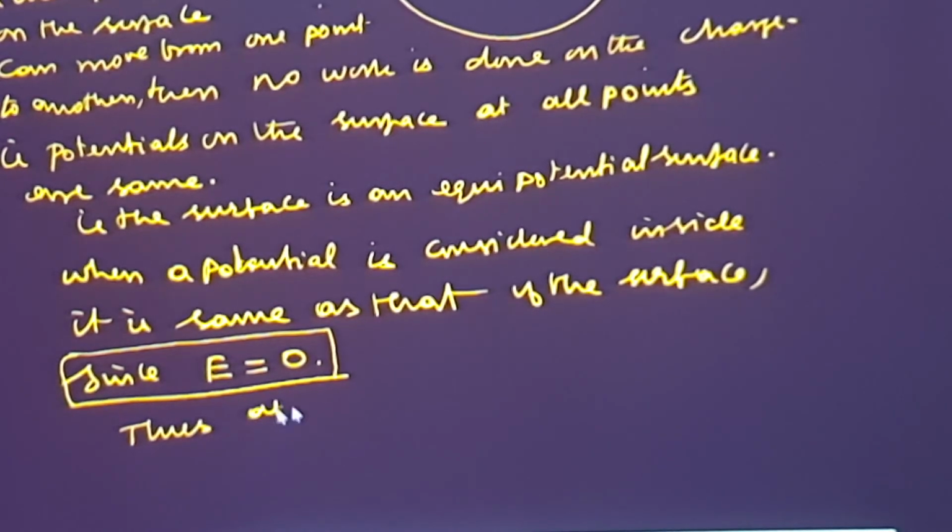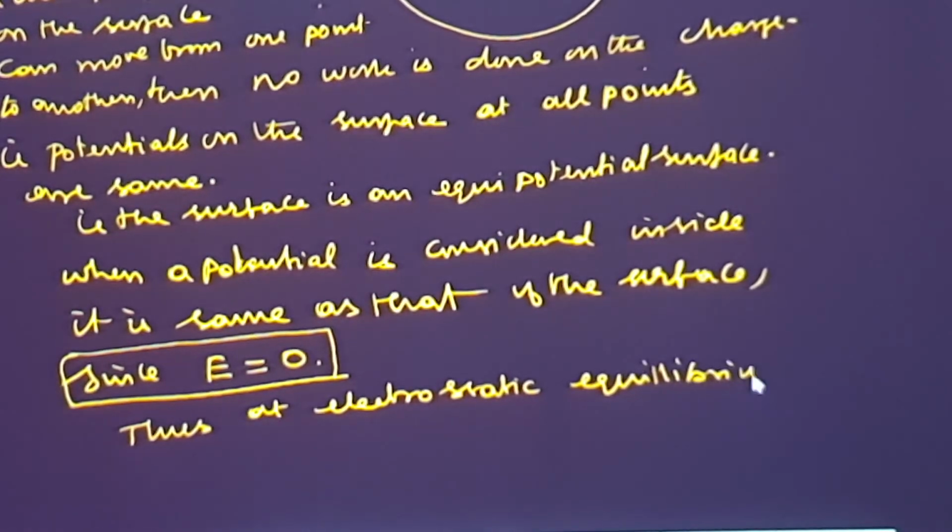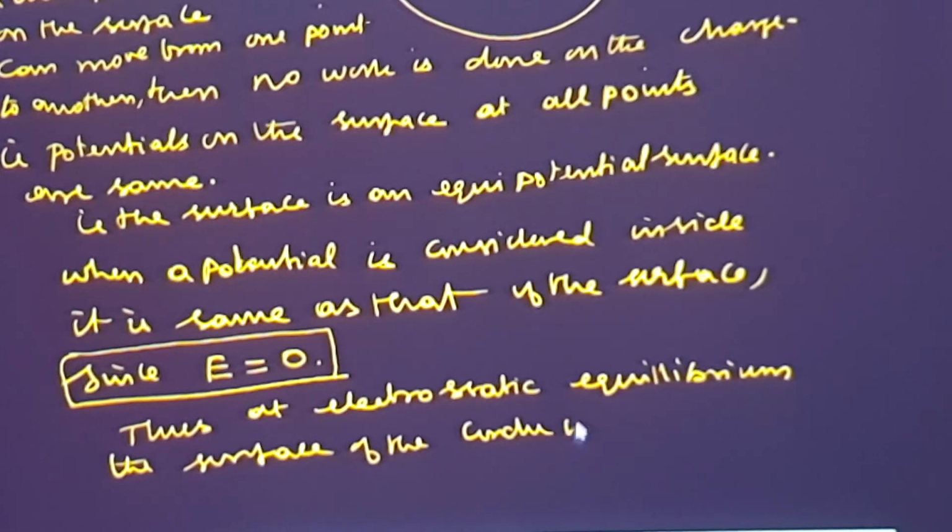Thus, at electrostatic equilibrium, the surface of the conductor is always equipotential.